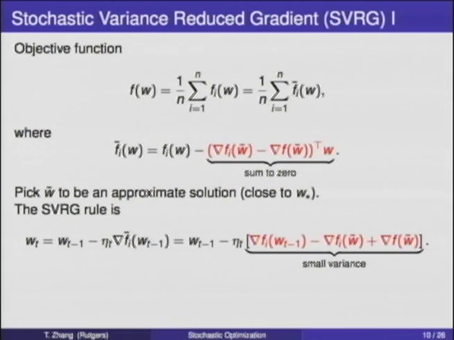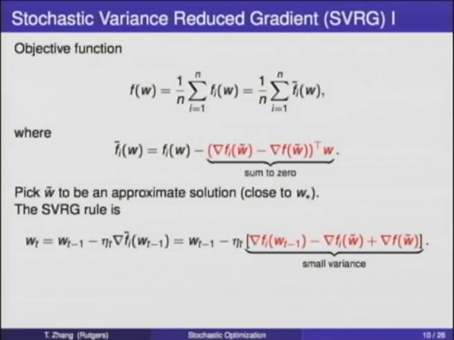So why do you want to rewrite it in a different form? What happens is I can do stochastic gradient with this function instead of this function. It is applied the same, except if I do stochastic gradient with this function, the variance is reduced. That's the key point. It's equivalent by using this compensation.